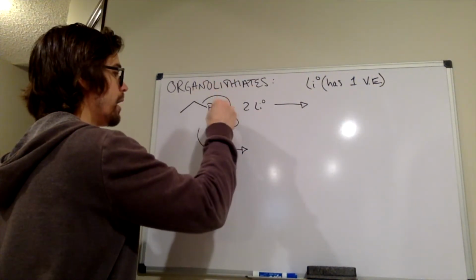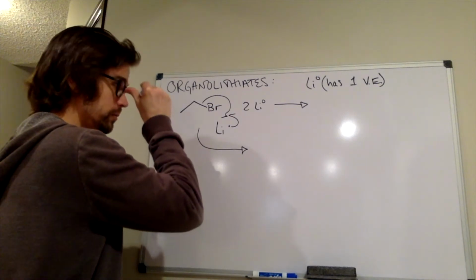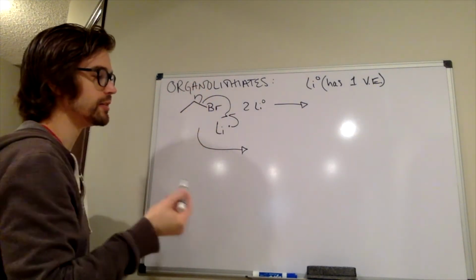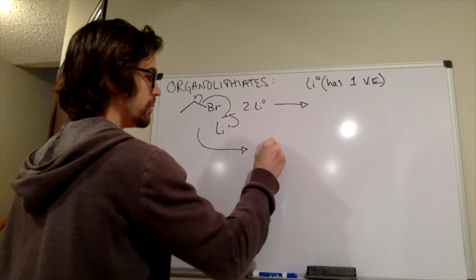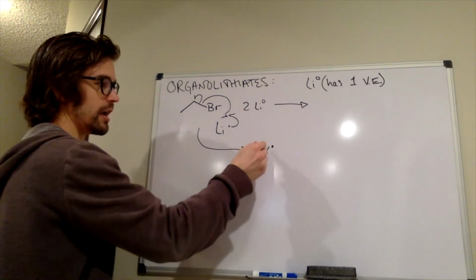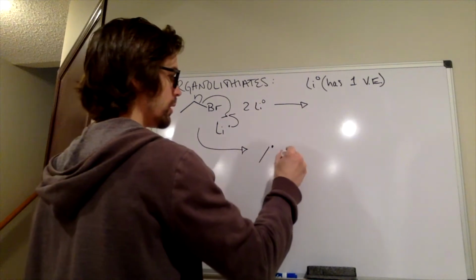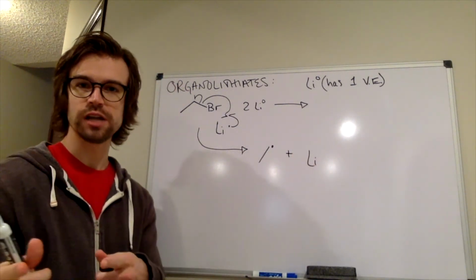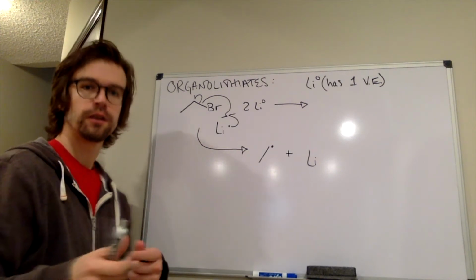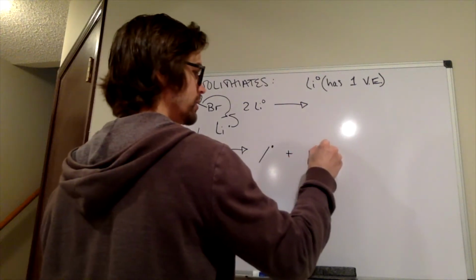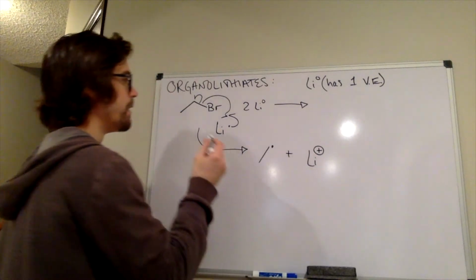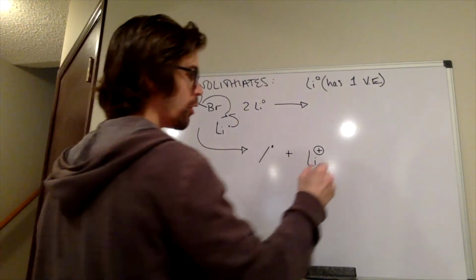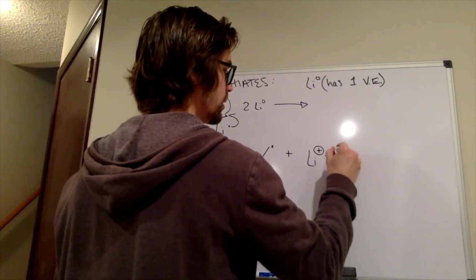That is going to combine with a bromine, and then that carbon-bromine bond is breaking, meaning that we have a carbon radical. Lithium gave away its electron, so what is its charge now? Yes, it is positively charged, and then bromine gained an electron. What does that mean? Bromine is negatively charged.